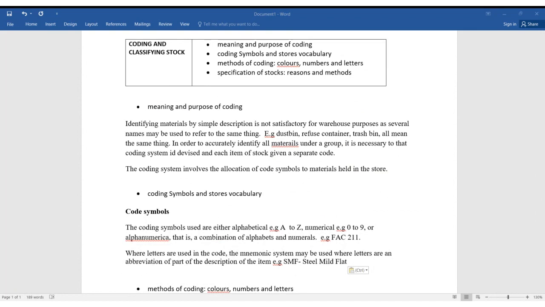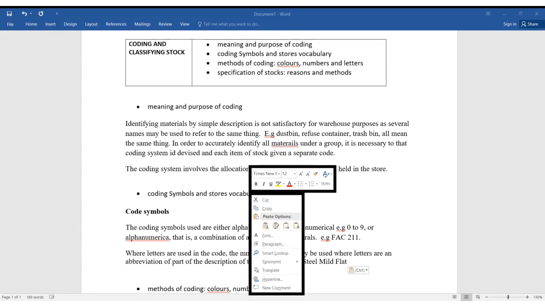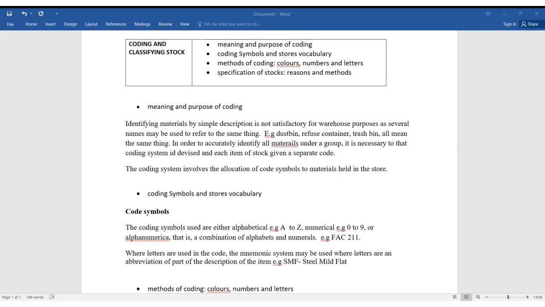Now, the methods that can be used in coding depend on the nature of items or the end use of a product, or on the referencing system by customers that purchase those items.